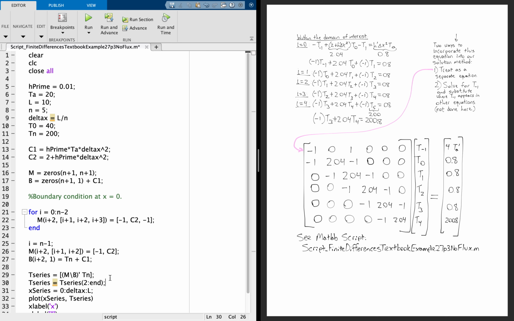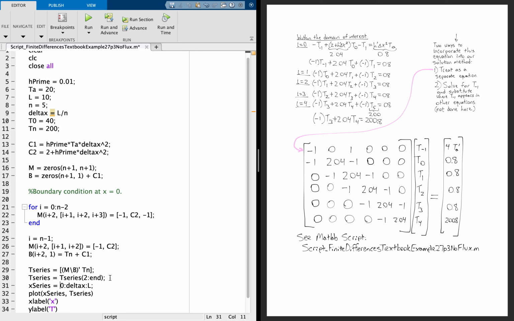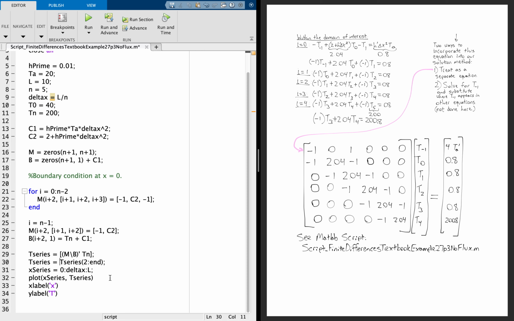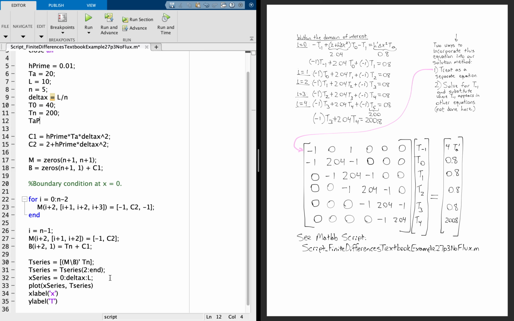So I'm just going to drop the first number so that T0 is where we start, and then x is going to be 0 through L like we had before. Okay, so our last step is to implement this boundary condition. And let me add Ta prime as a constant equal to 0.